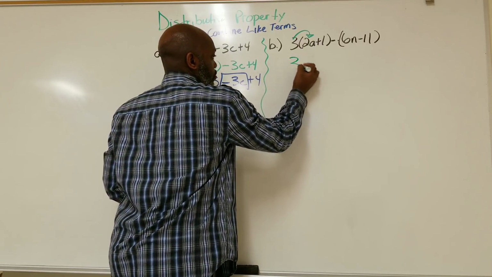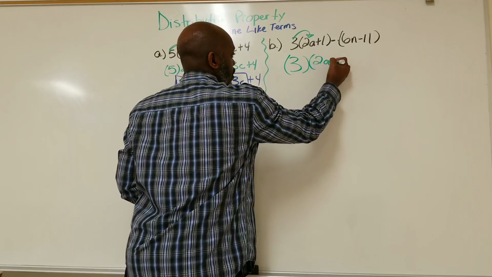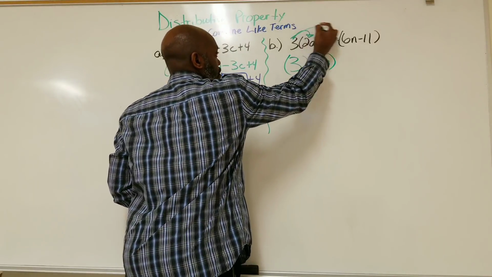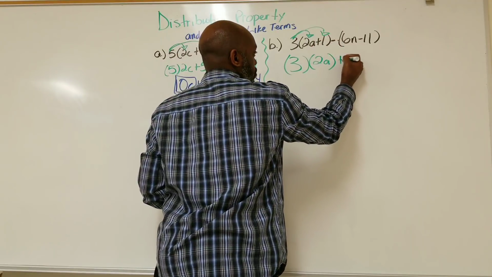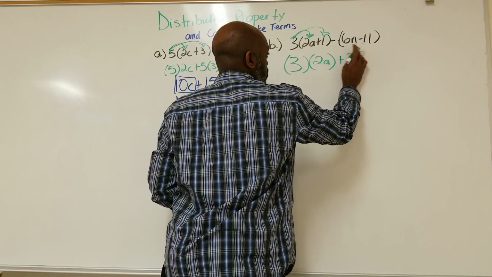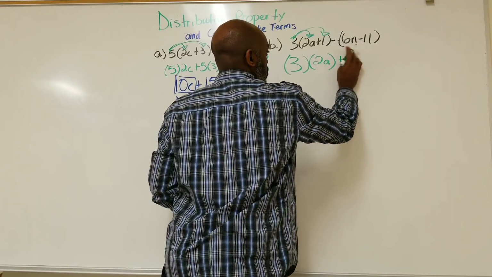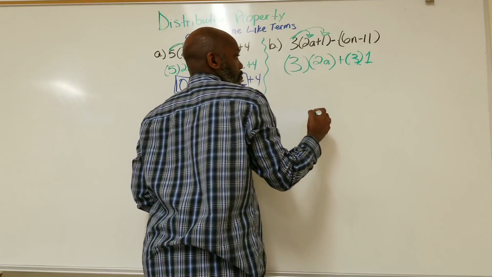So we're going to write 3 times 2a plus, and I use the arrows to indicate what I'm going to do, plus 3 times 1, right?